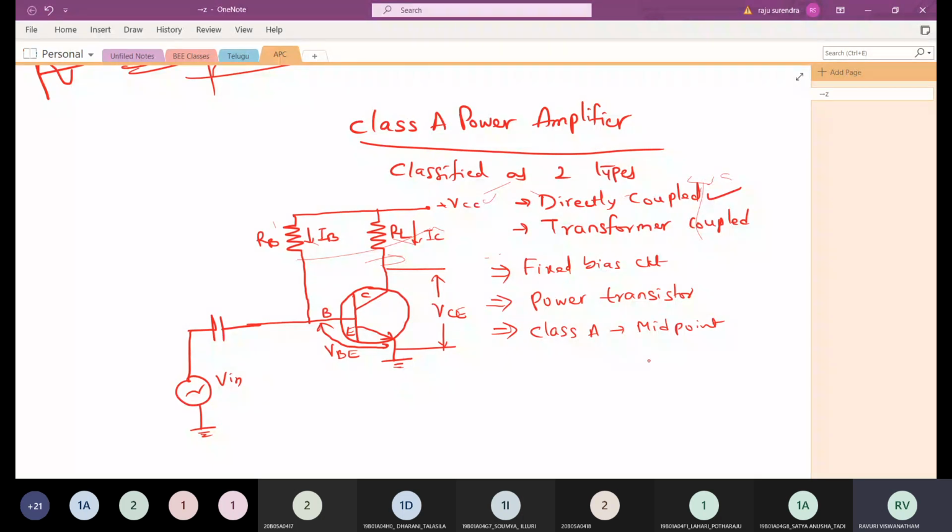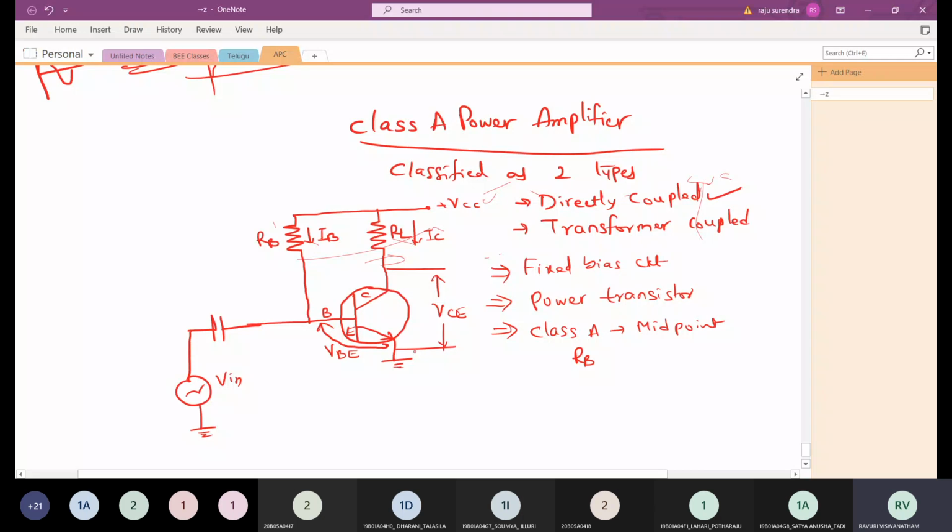To achieve this, we have to adjust the RB value. And at the same time, RL is directly connected to the collector. That's why it is called a directly coupled class A power amplifier.